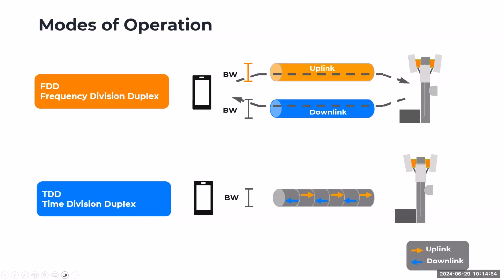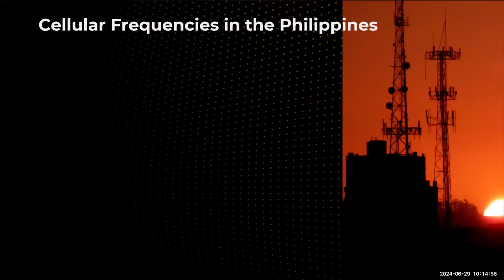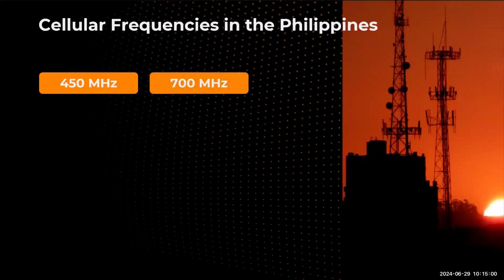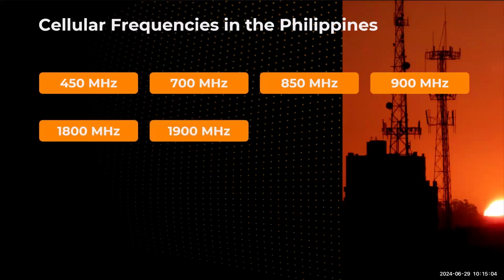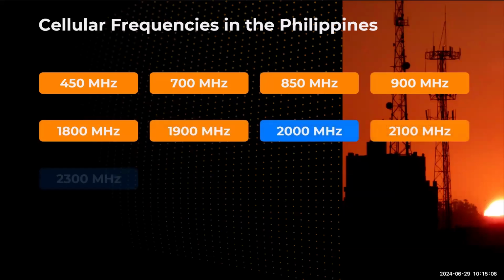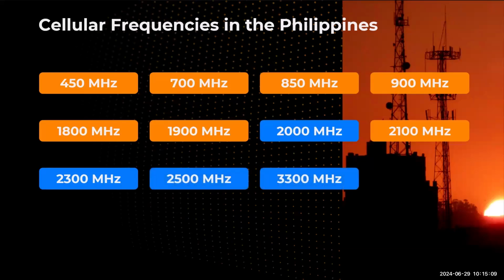And if you look at the different frequencies in the Philippines, we have different types of frequencies: 450, 700, 850, 900, 1800, 1900, 2000, 21, 23, 25, 33, 35, and there are upcoming frequencies in the millimeter wave frequencies.